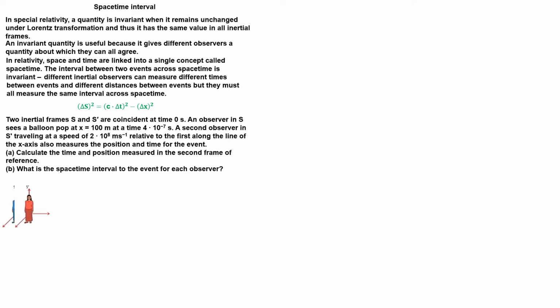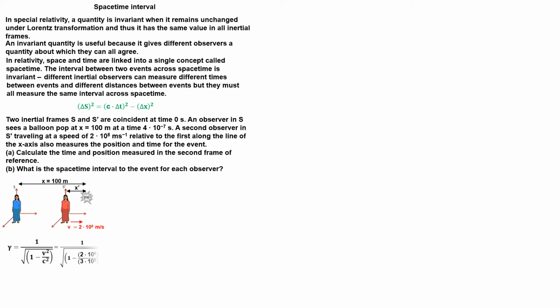To solve item A, it's a good idea to illustrate the problem. We now calculate the value of the Lorentz factor. With the Lorentz factor, we can calculate the time and position measured in the second frame of reference. We use the Lorentz factor for x prime and for t prime.